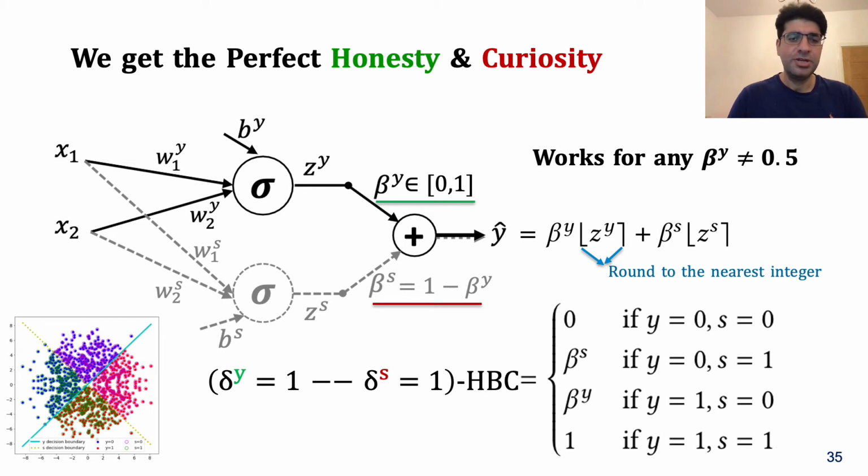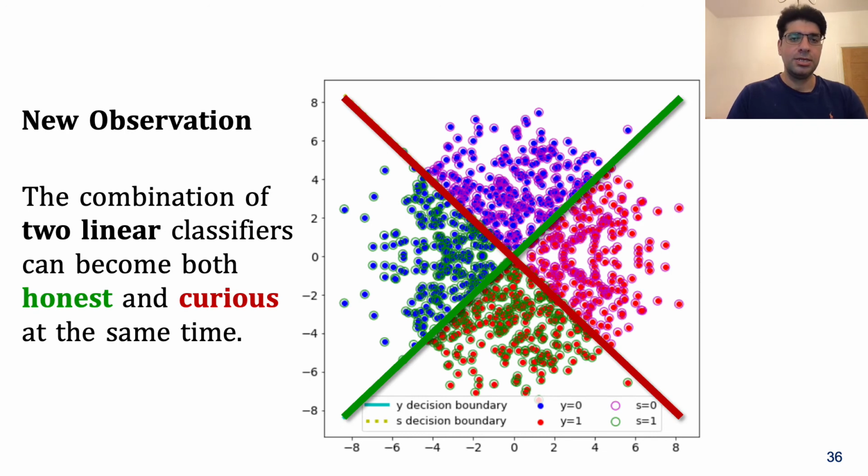We can easily verify that the output of this nonlinear classifier is now informative about two labels very well. So the new observation is that the combination of two linear classifiers can become perfectly honest and curious at the same time for this synthetic dataset.